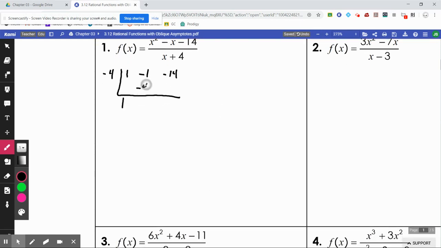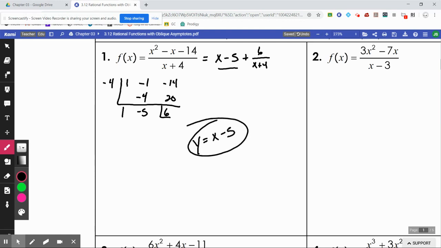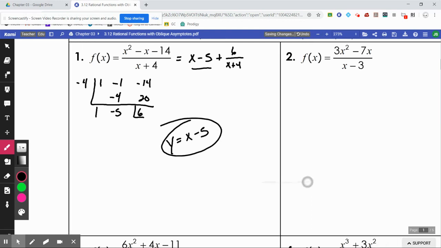Bring it down, multiply, gives you negative 5, multiply, gives you 20, and 6 is your remainder. So this is equal to x minus 5 plus 6 over x plus 4. So your oblique asymptote is simply this part: y equals x minus 5 is the asymptote line that this follows.